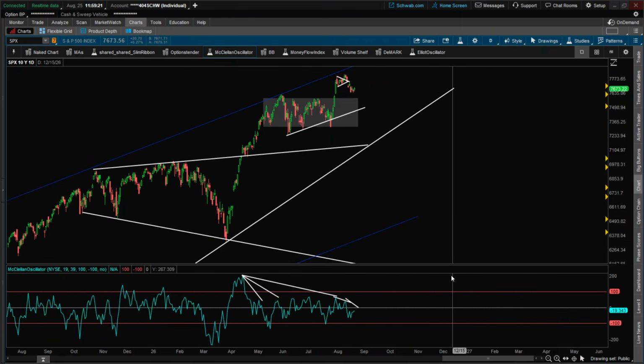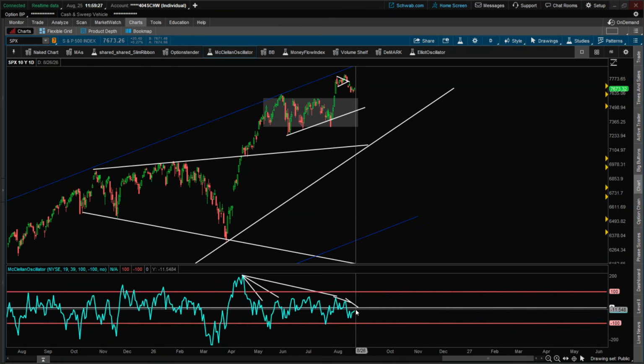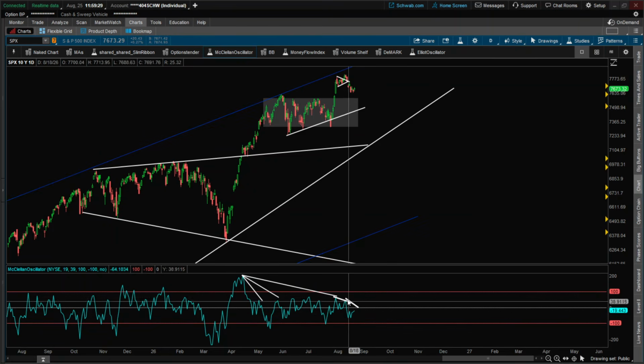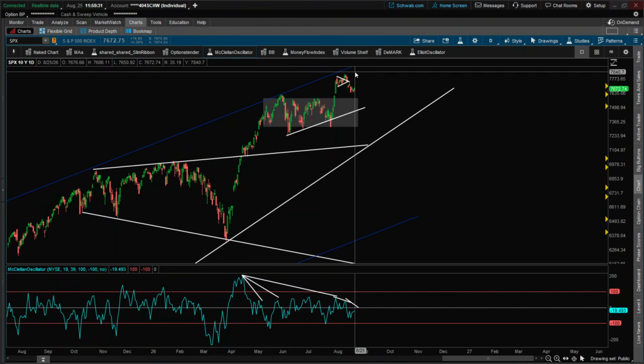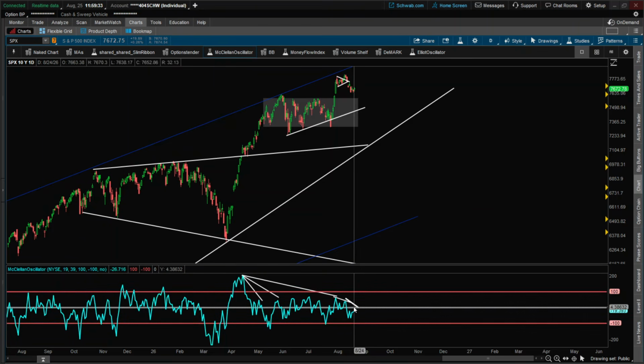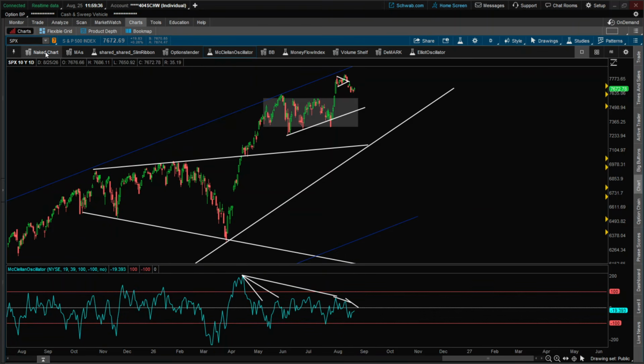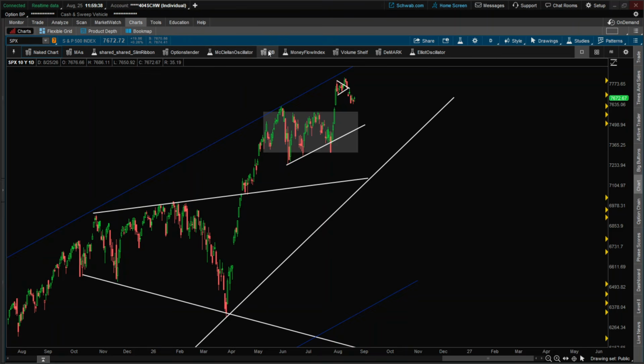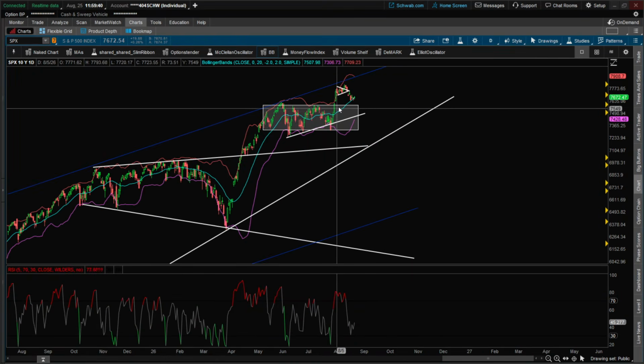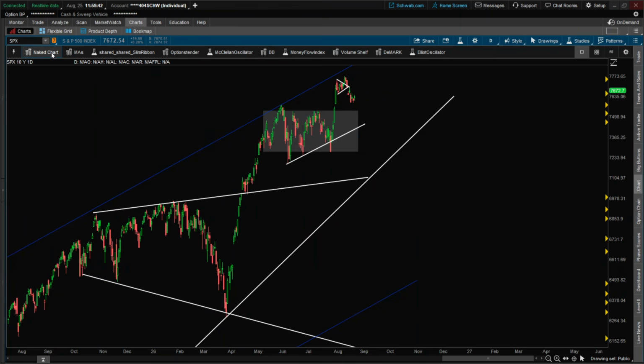Call an oscillator. Negative divergence here at these two peaks. But again, there's a placeholder right here. We don't have that divergence yet. We have to get a new high for this to work out. But I think we'll get another lower high at that point if we do go make a new high. All right, Bollinger Band holding that mid band.